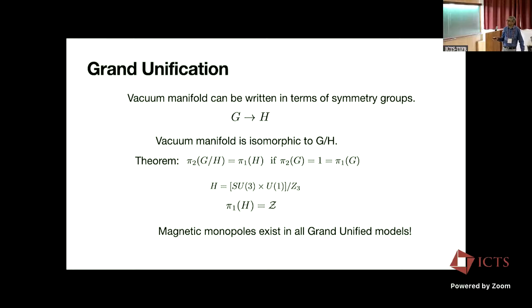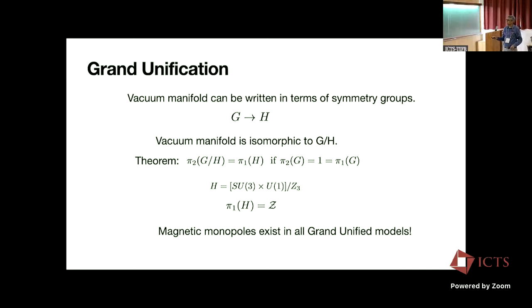And so the pi 2 of the vacuum manifold is going to be pi 1 of the unbroken group. But the unbroken group is QCD and electromagnetism. And you know that U1 is a rotation in one dimension, so it is a circle. So pi 1, you know that you can wrap around the circle. So pi 1 of H is actually Z.